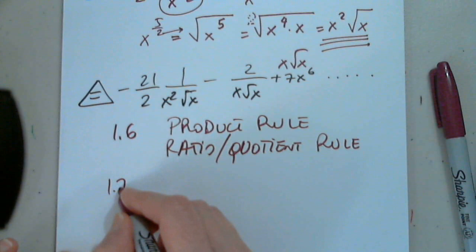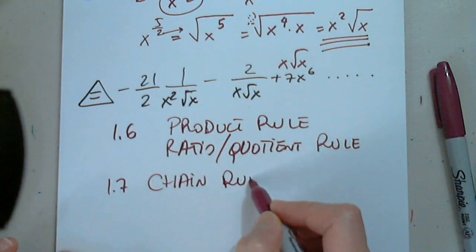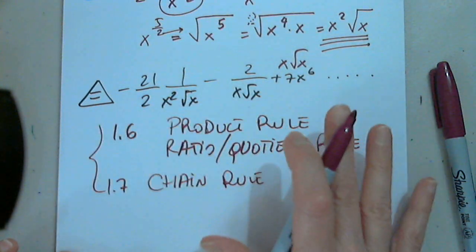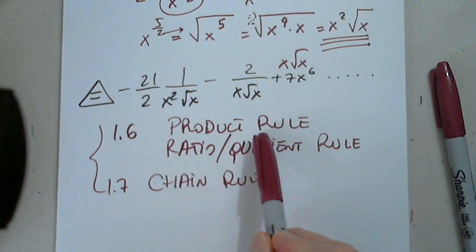In 1.7, we're going to talk about something called the chain rule. That's it. No more rules of differentiation. This is it. Product rule, quotient rule, and then in 1.7, the chain rule. So let's start with the product rule.